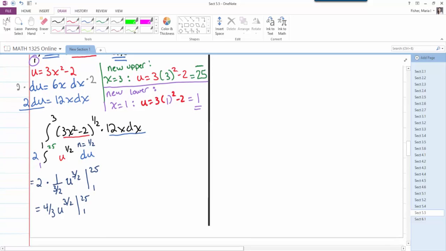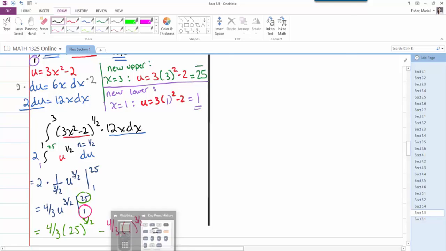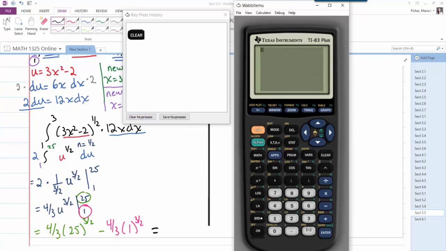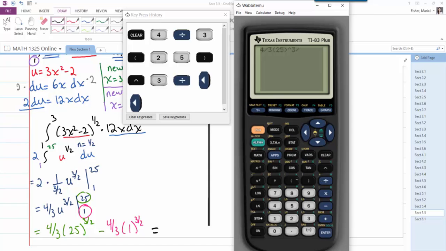So plugging in that upper limit of integration, we're looking at 4/3 times 25 to the 3/2 minus plugging in that lower limit of integration, 4/3 times 1 to the 3/2. Sticking this in a calculator, we end up getting 4/3 times 25 raised to the 3/2 minus 4/3 times 1 raised to the 3/2.